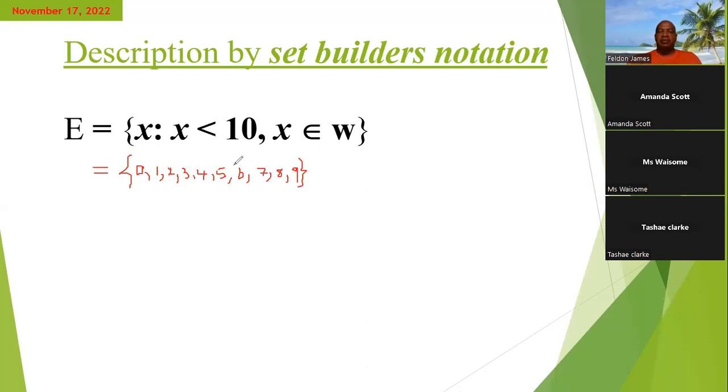And to be able to list them, you have to be able to read them. So that is something that you shouldn't overlook. Whenever you see these symbols, try to spend some time to read them and list the members. Is that clear, guys? Let me see the hands if you are following.